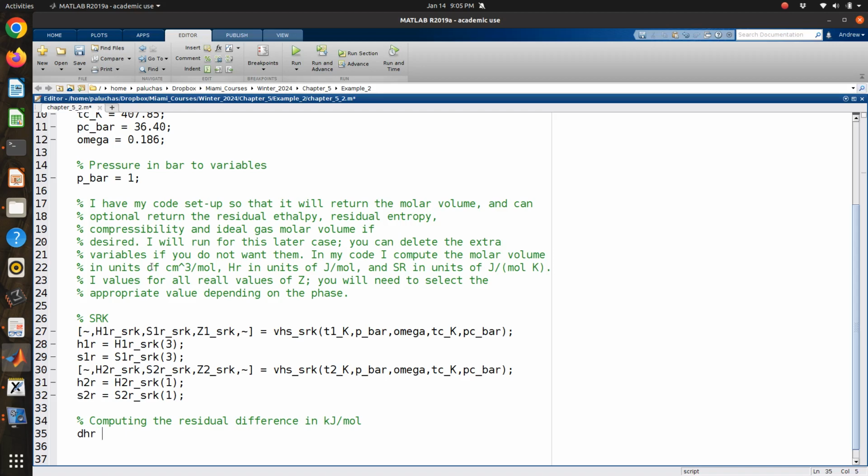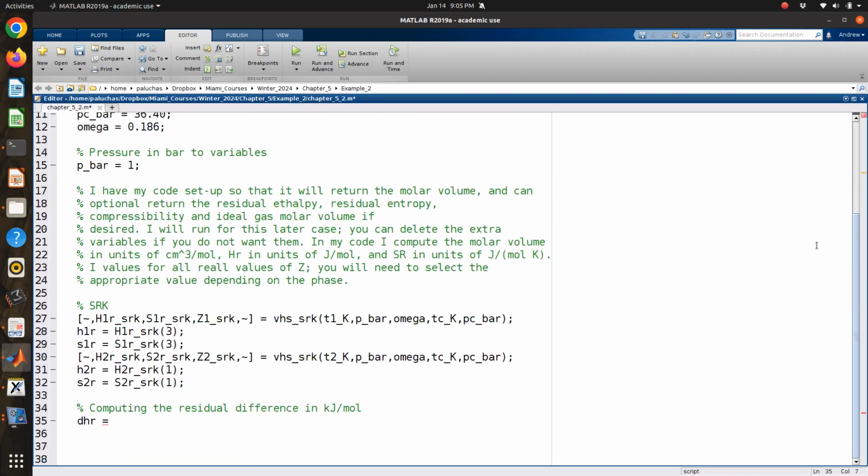DHR, I use similar notation to DH ideal gas, so DHR is going to be equal to H2R minus H1R. I'm not going to suppress this so I can see the two differences.